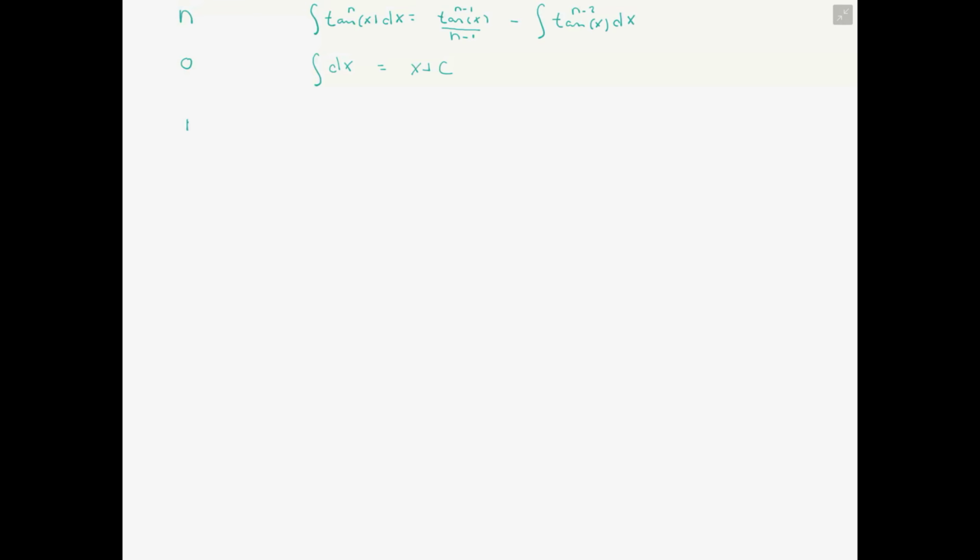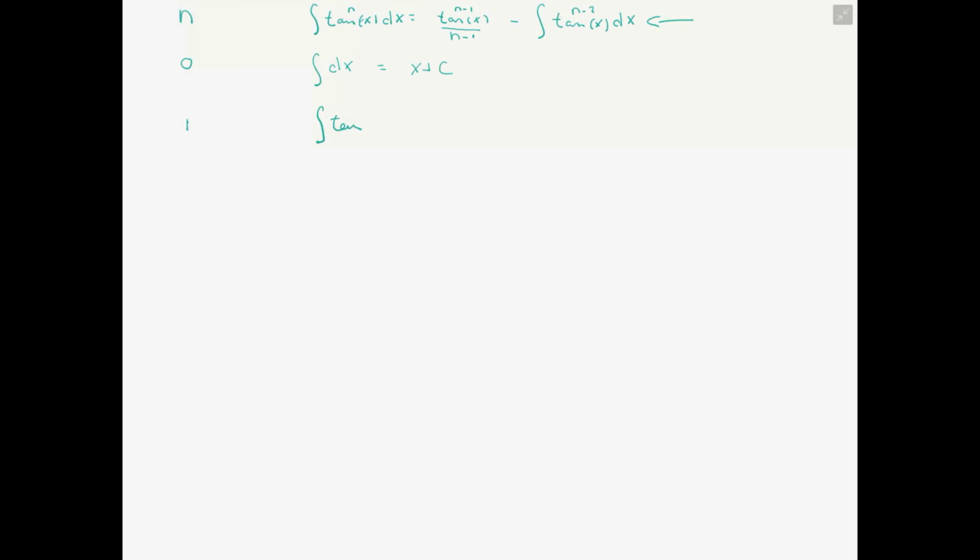Now, we left off at using this formula up here that we derived to create a table of integrals.